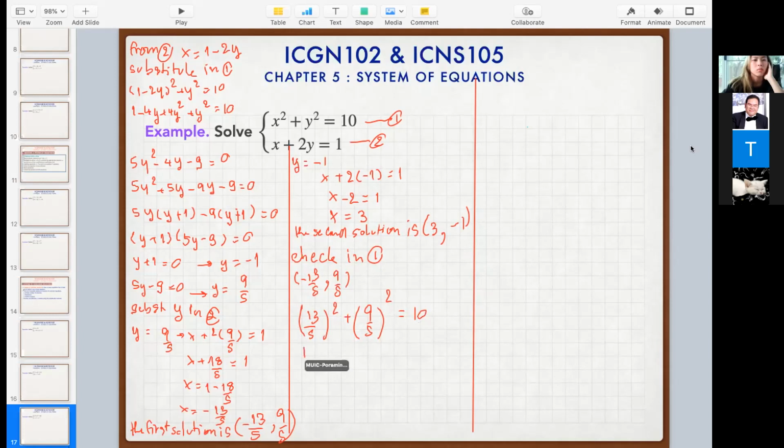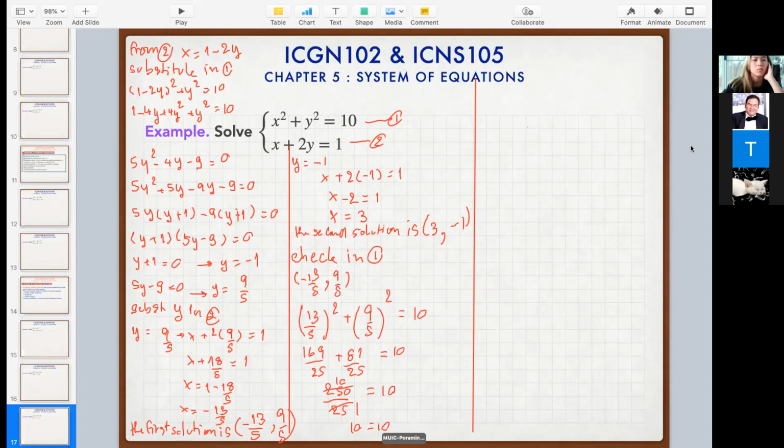We get 169 over 25 plus 81 over 25 equals 10. It is 250 over 25 equals 10 or not. 10 equals 10. Okay.